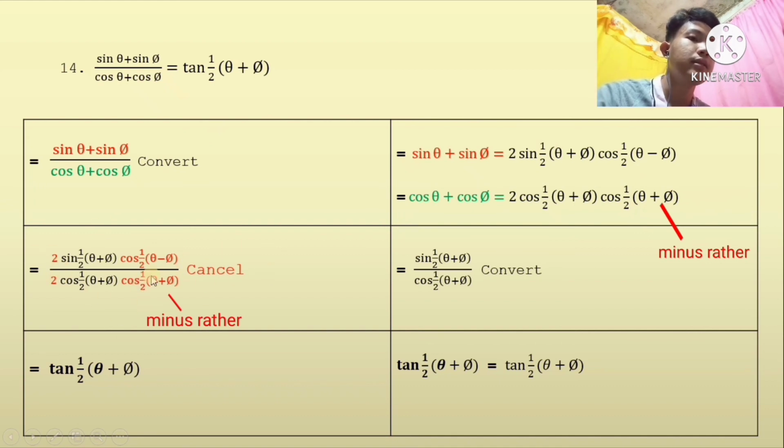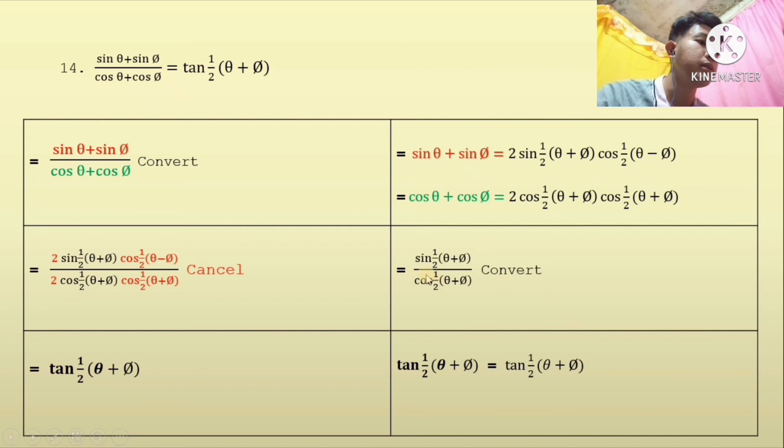So cancel cosine 1/2 times theta minus phi, over cosine 1/2 times theta plus phi. Theta minus phi. So our equation will cancel 2 and cosine.